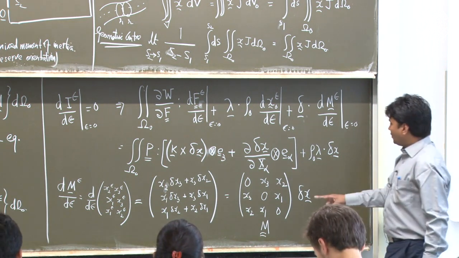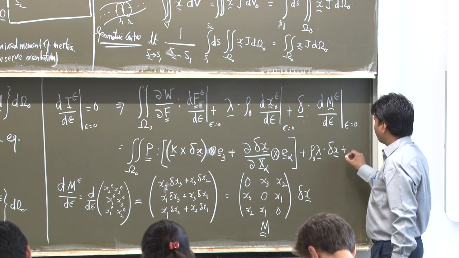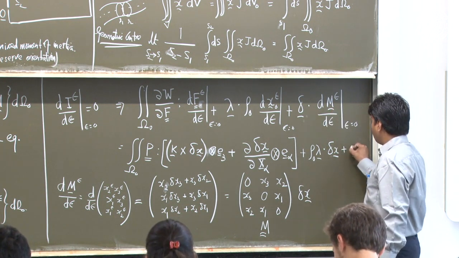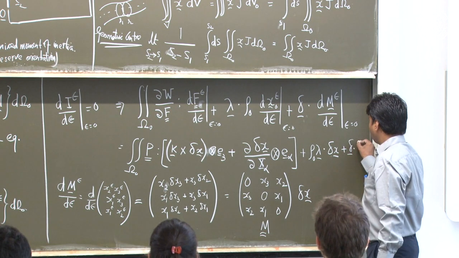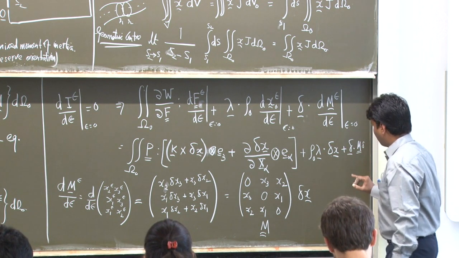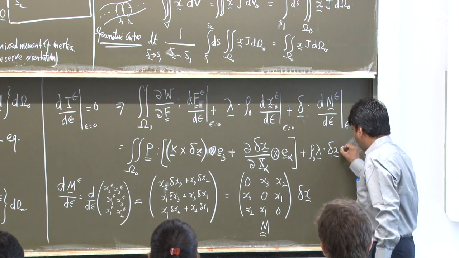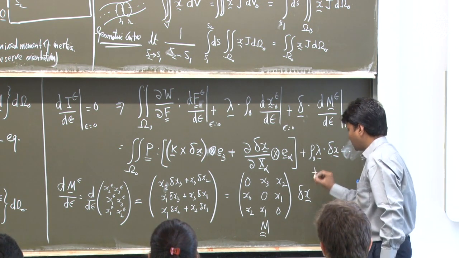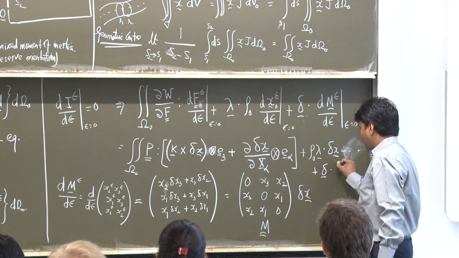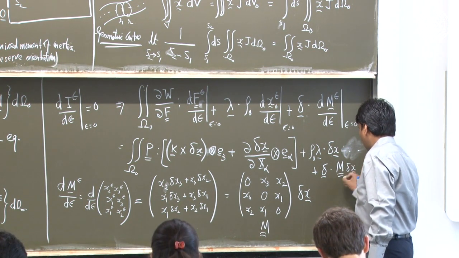Okay, and when you use this, you can come over here, and then this simply becomes plus del dot M. Okay, I don't have space here, maybe I'll write it down. So it just continues plus delta dot the matrix M into del x.